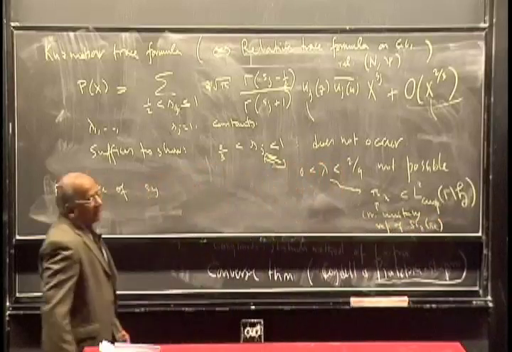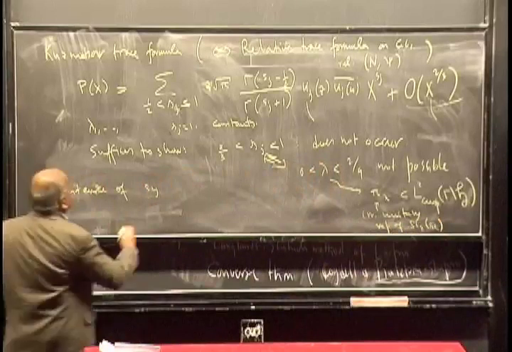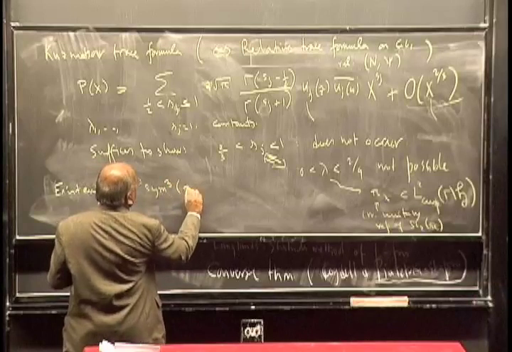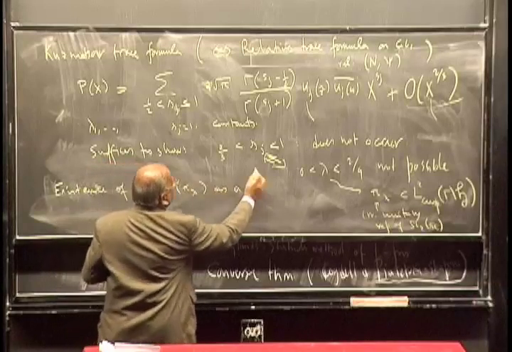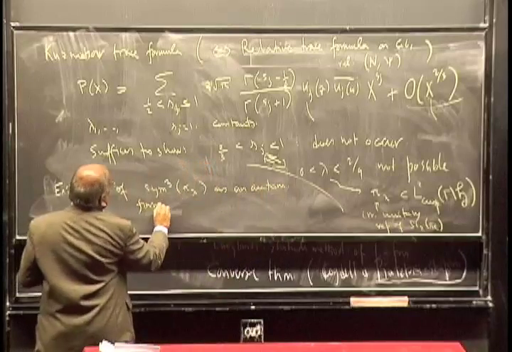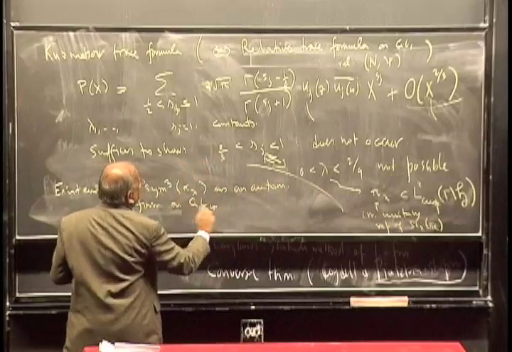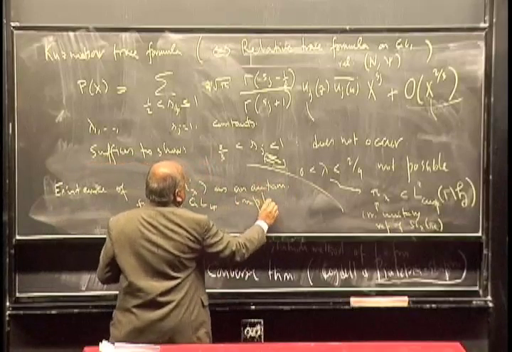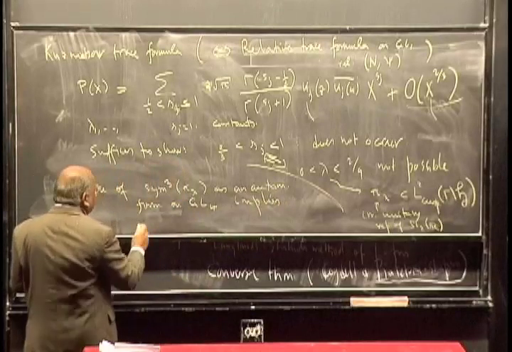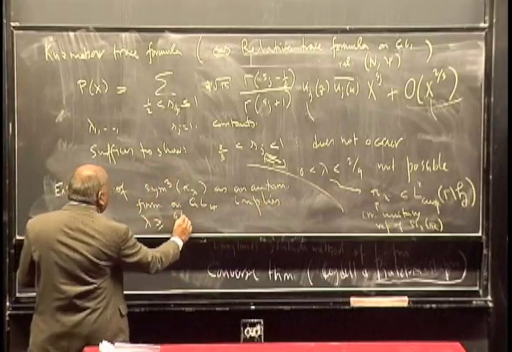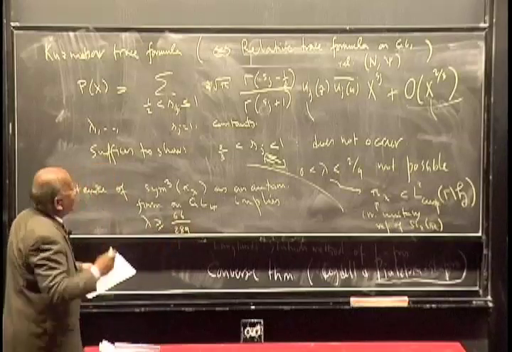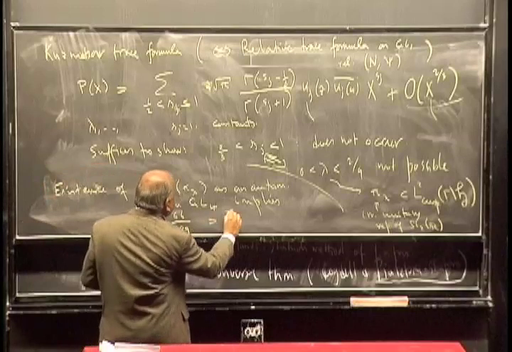You can also think of it adelically, but in any case, the existence of Sym^3 of pi_lambda as a modular or automorphic form on GL4 implies that lambda is greater than or equal to 66/289, which is hopefully greater than 2/9.